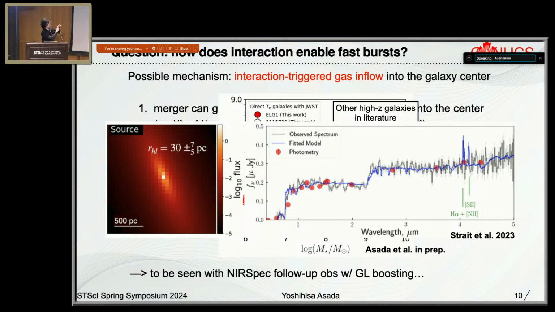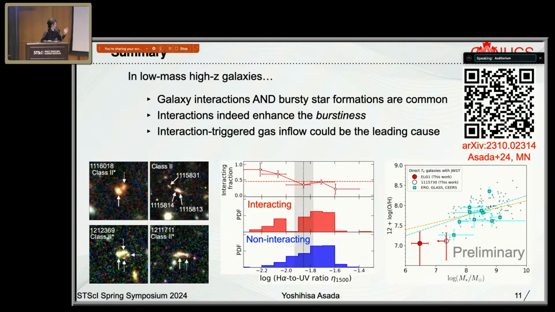So these two are indeed consistent with the scenario we have suggested here, but we're going to test this scenario with a larger sample of spectroscopic observations. Okay, thank you very much for your attention.